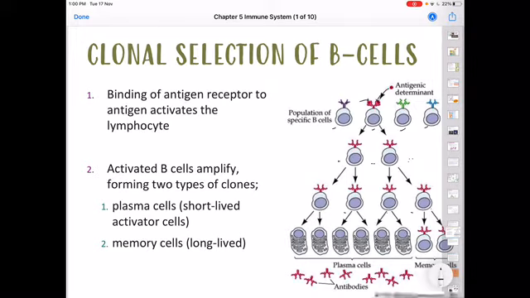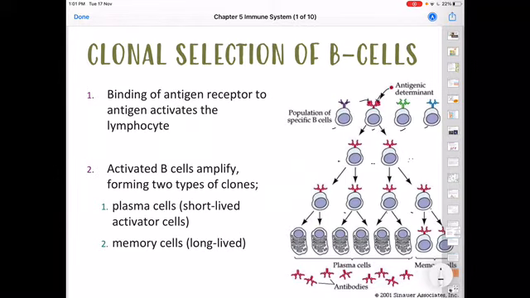Dia menghasilkan lebih banyak B cell. So this B cell will produce plasma cell and part of it will form memory cell. The plasma cells will secrete antibodies. These antibodies will bind to the pathogen's antigen, ataupun dia akan memusnahkan pathogen tadi.